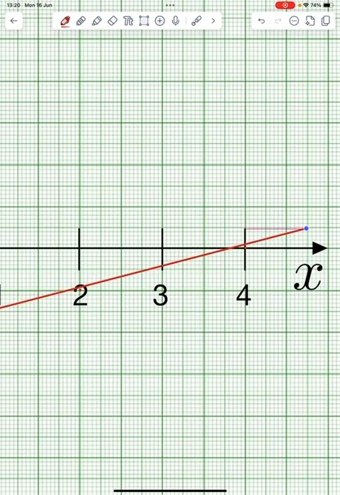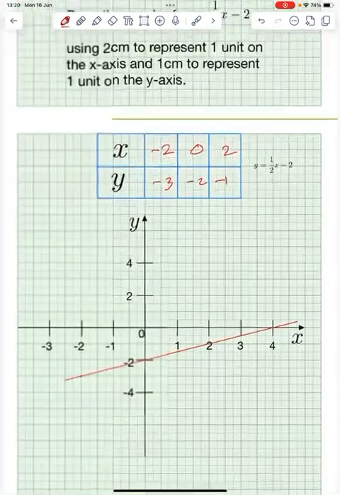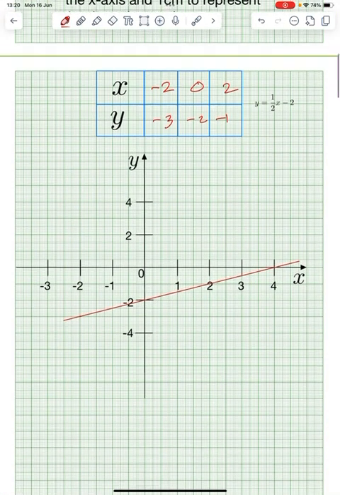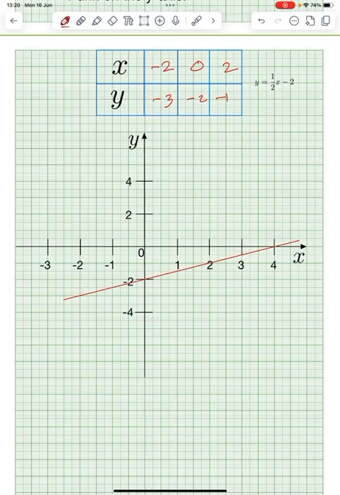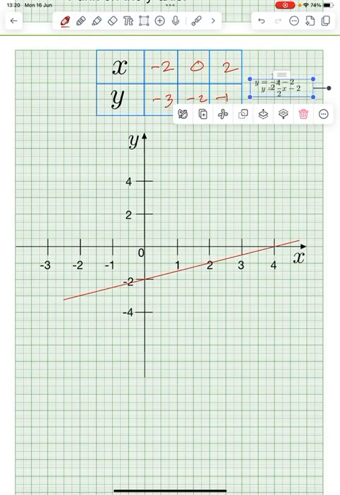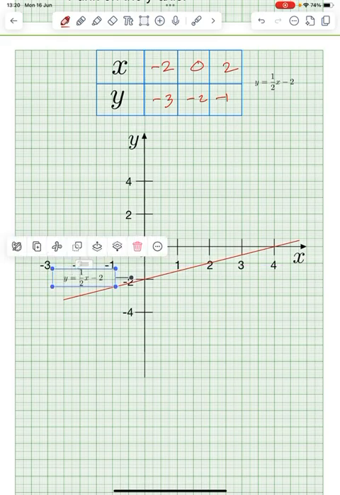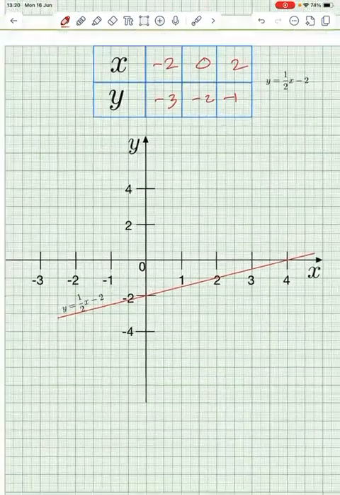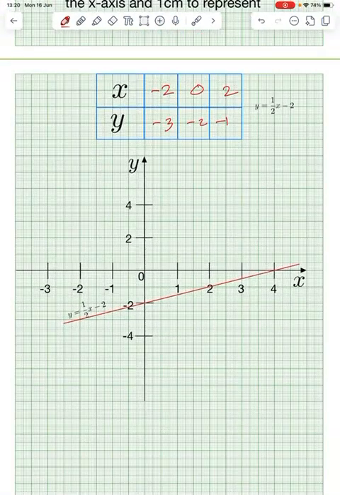It cuts the x-axis also, all the way. So this is your line of y equal to half x minus 2. Once done, you put your equation here, turn a bit and make it nice. Done deal. So this is your graph of y equal to half x minus 2.